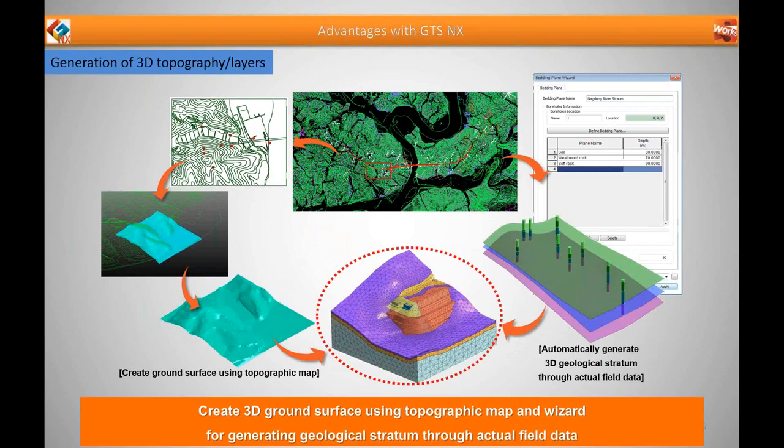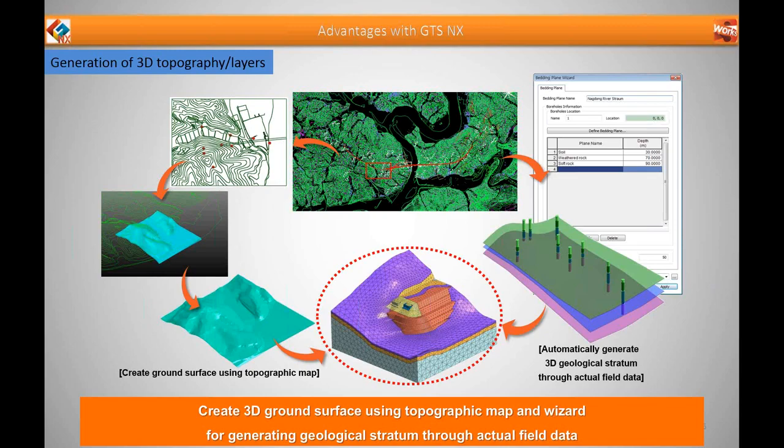Now the advantages with GTS NX, the most important advantage is that you can generate the actual ground surface on your model. We have an option called the TGM, that is the terrain geometry maker, where you can directly import the DXF file and consider the soil variation in your model. Also, let's suppose you have boring data for 3 or 4 bores nearby and you know the depth of each layer for that particular soil.